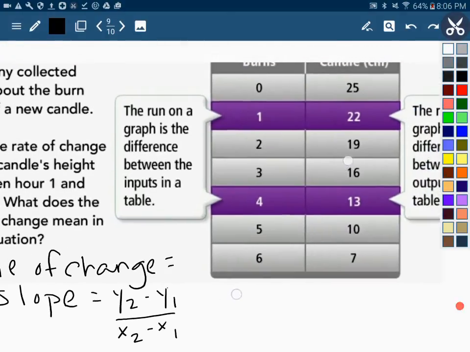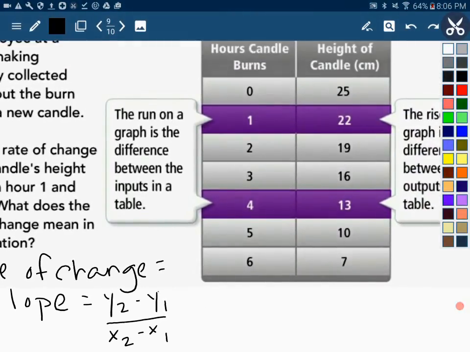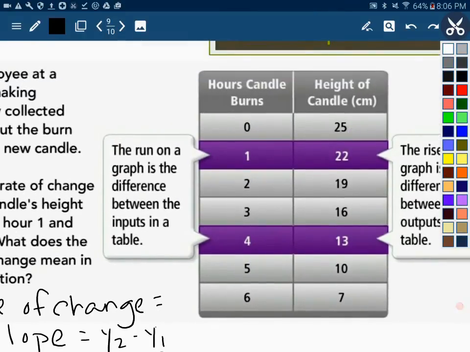So I'm going to go to my table and I'm going to actually label each of the points x1, y1, x2, and y2. So the columns, this is going to be the x column and this is going to be the y column. Anytime you look at a table, the first column should always be x and the second should always be y. So I'm going to label my x's first.